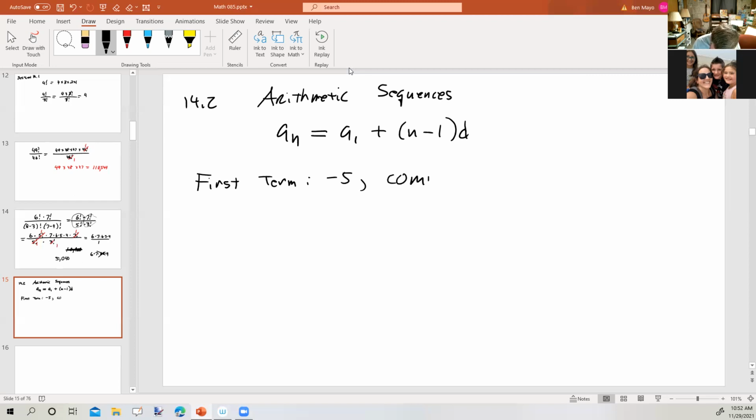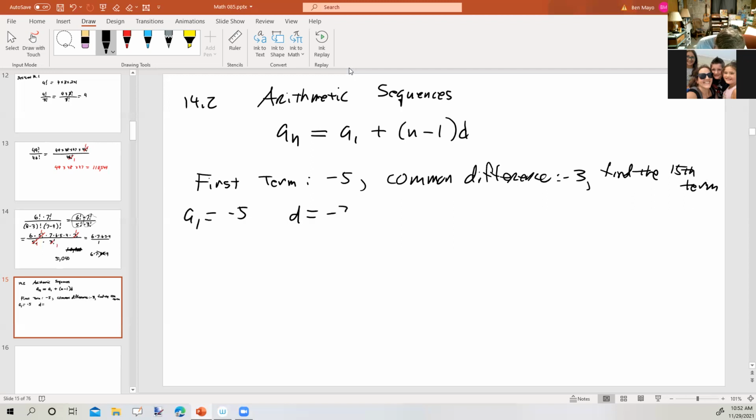The common difference is -3, and we are to find the 15th term. Okay, so a sub 1 is -5, d is -3, and we are to find a sub 15.